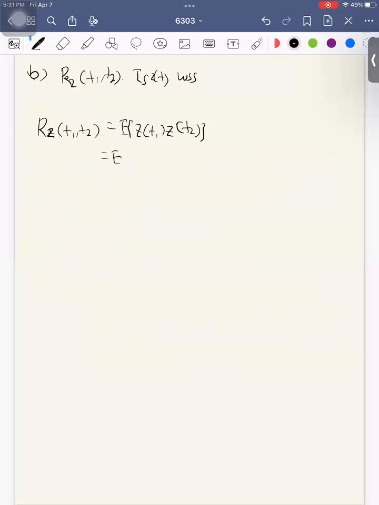Then we can expand this equation to make it look like this, which is kind of similar to the last part. I'm keep writing in here because this is a very long equation.